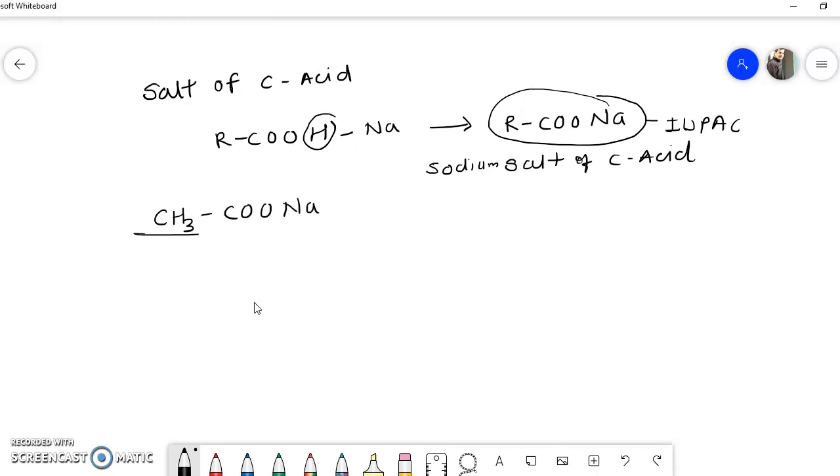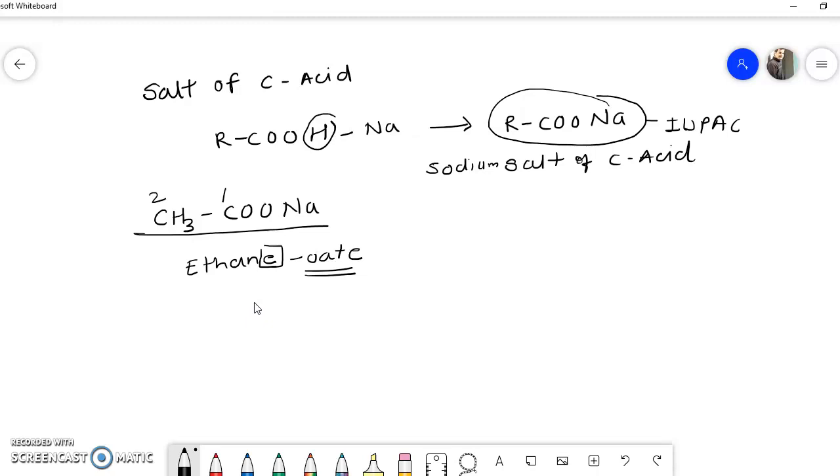CH3COONa. Now this is the salt, right? Because hydrogen is replaced by sodium. Now how to give the name to this salt? Same rule we have to use. Select the longest chain. So parent alkane is ethane, right? Now remember one thing, we have to replace the E of ethane here by OATE, this word, remember this.